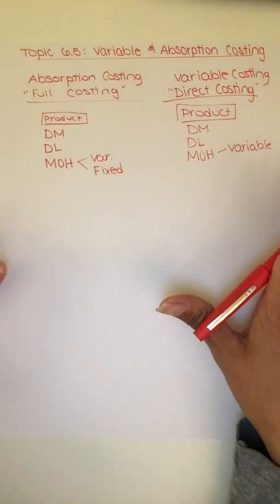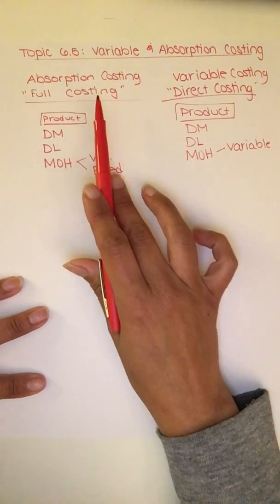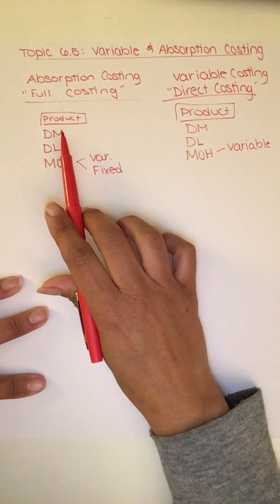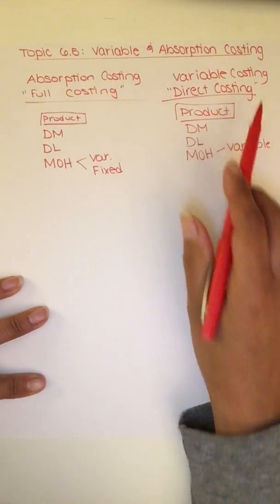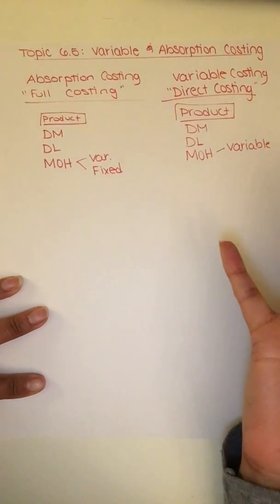That's the main difference between these two costing systems: how do they treat fixed overhead? Under absorption costing, fixed overhead is part of the product. Under variable costing, fixed overhead is not part of the product. So where does it go?